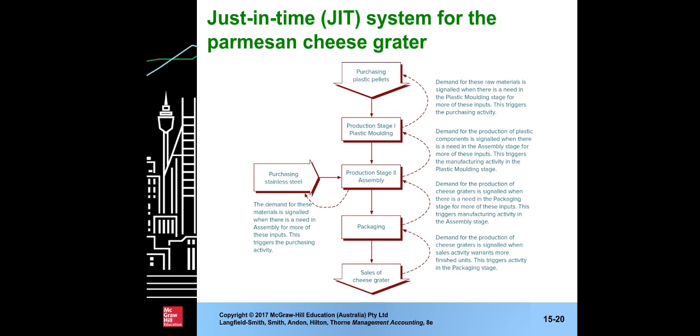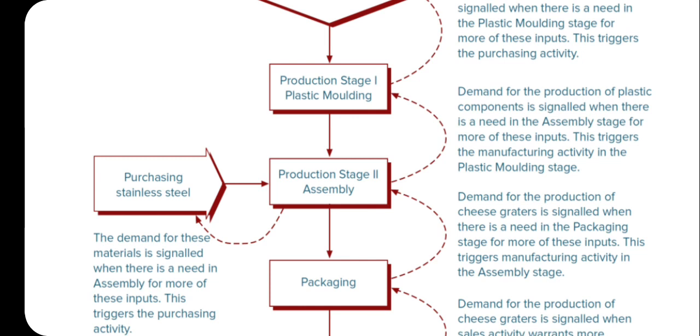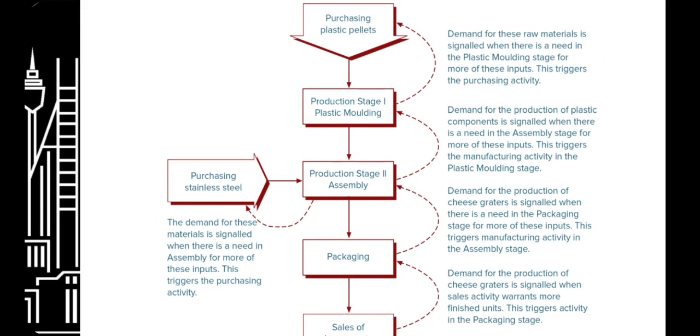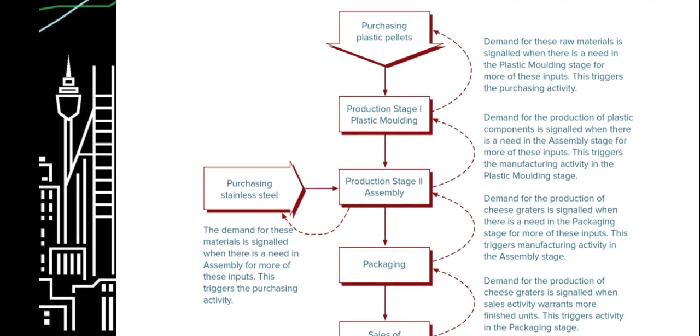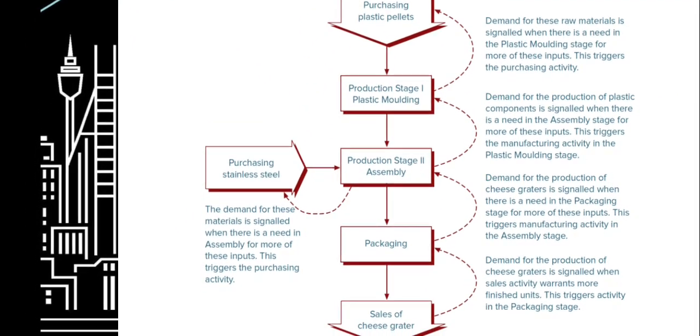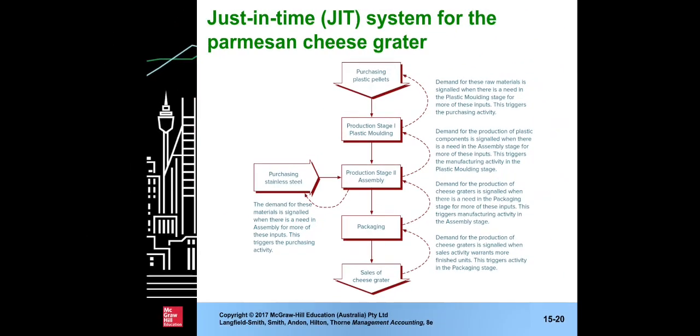Okay, this is an example of application of JIT in a business system for the Parmesan cheese grater. You can see this in the textbook. Okay, one thing about the JIT is, remember about the traditional way of managing inventory.